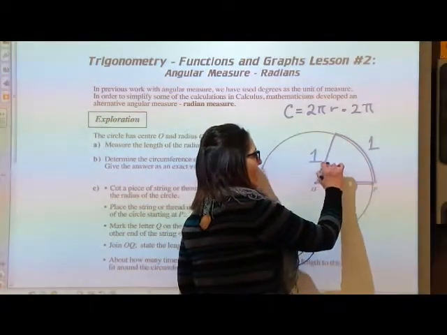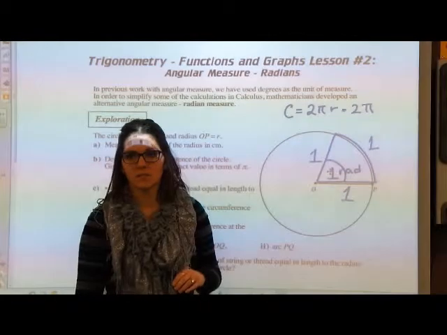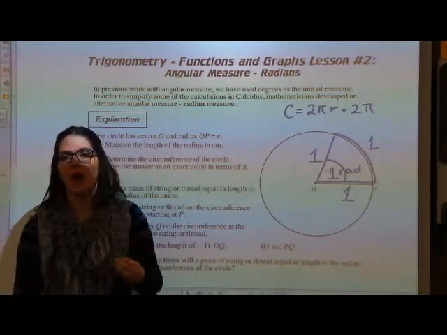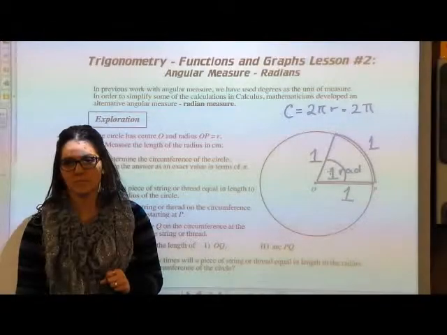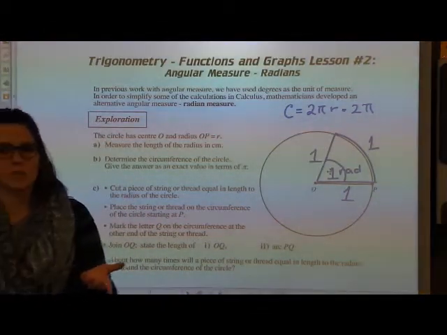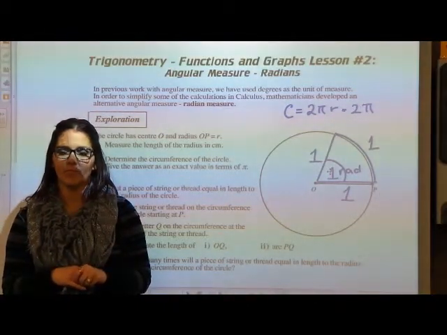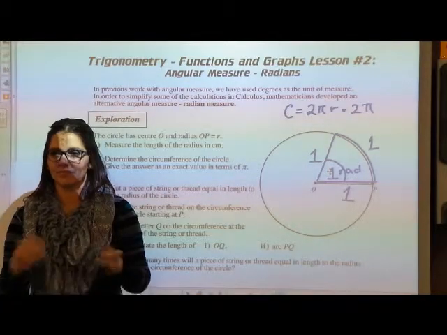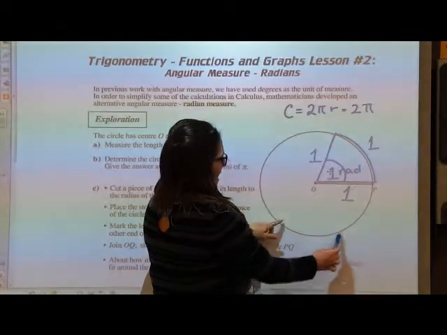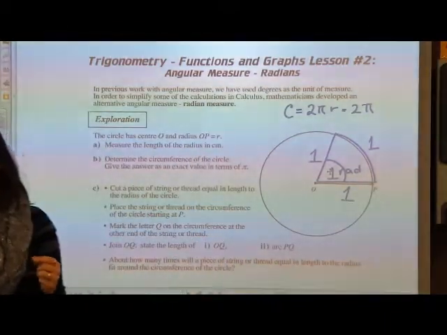What I end up with is an angle measurement that is 1 radian. And as I go around the circle, I get 2 pi of those radians. So if I measured it out, 2 pi would be, what's 2 times pi? Approximately 6 point something. I'd have almost 6 and a little bit of these wedges if I was to measure it out with string.